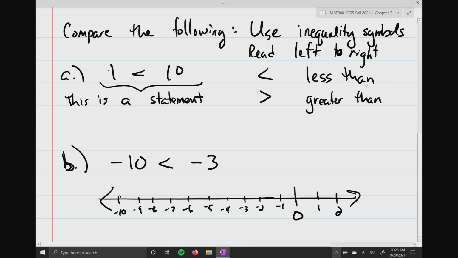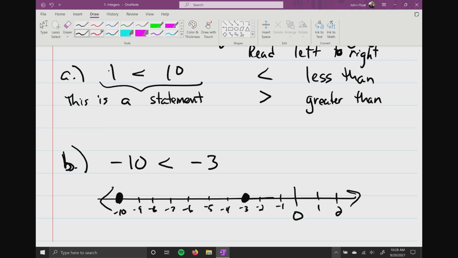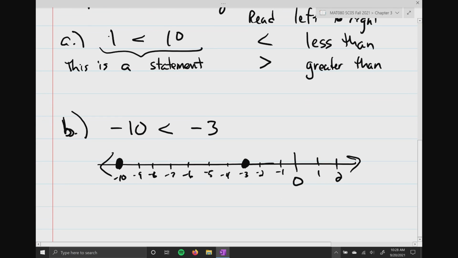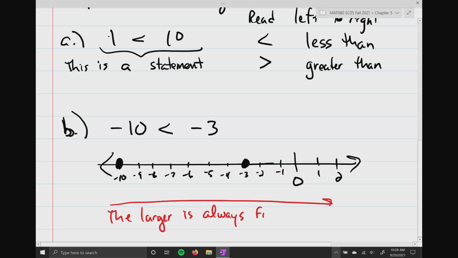So I just put a big dot at negative 10, and a big dot at negative 3. When you're comparing numbers, I don't care if they're positive or if they're negative, the larger number is always further to the right.